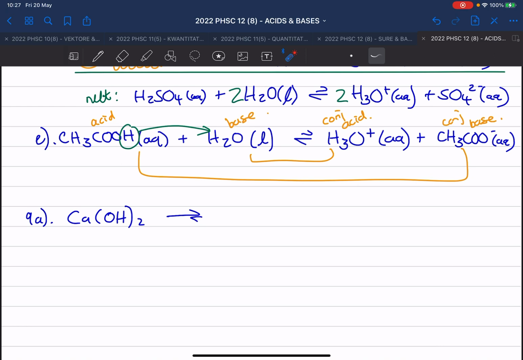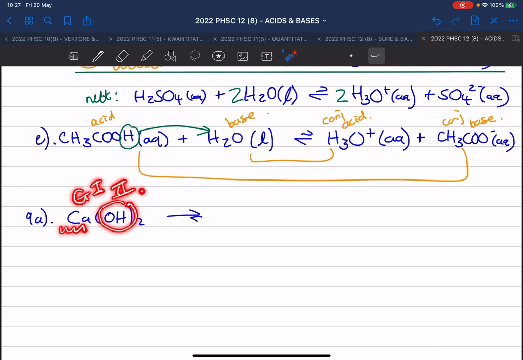Is slaked lime an acid or a base? Is it a weak or a strong base? Why is it strong? Okay, careful. It is the OH bonded to group 1 or group 2 elements.